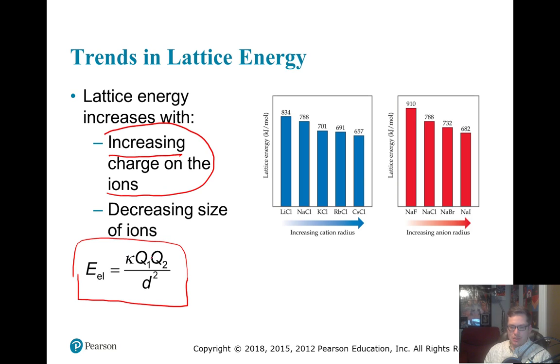Okay, and that makes sense because our lattice energy is directly proportional to the charge. That's the Q1 and the Q2. And it decreases with the size of the ions. That's that D. So as they get farther and farther apart, this denominator will get bigger. So therefore we're dividing by a bigger number.